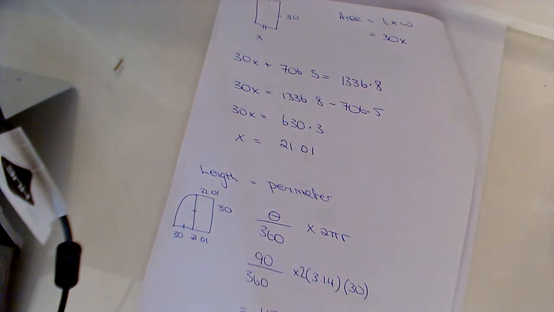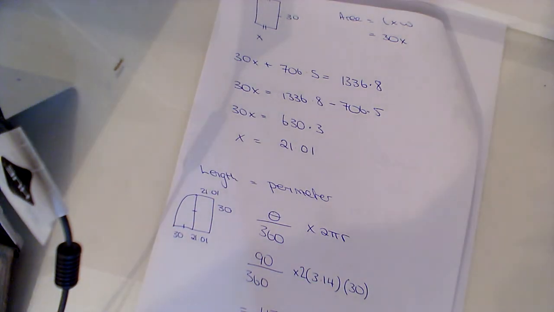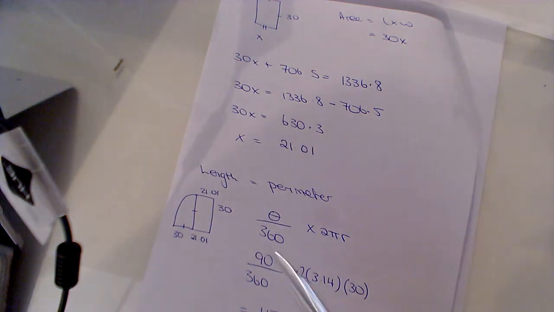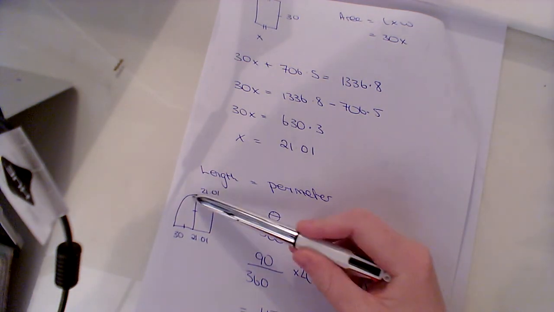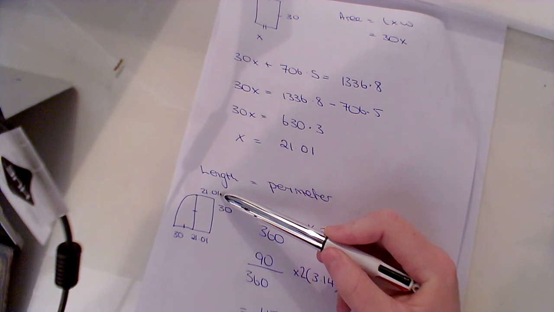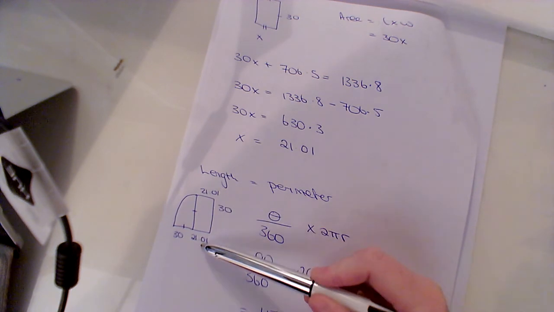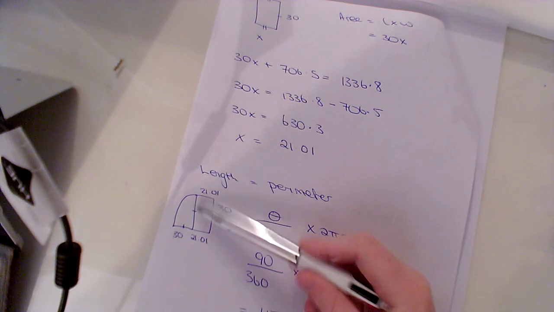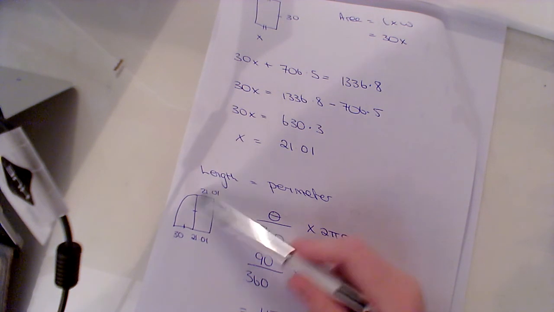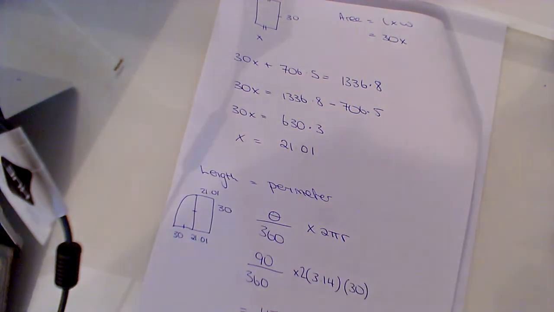I still don't have this question answered because I need to get the length, so length actually stands for perimeter, so I need to get the perimeter of this entire shape. So I'm just after working out here that this side here is 21.01, we knew this was 30, this is 21.01, and we knew this here was 30 as well, and I need to work out what this side here is, so that's using my circumference.